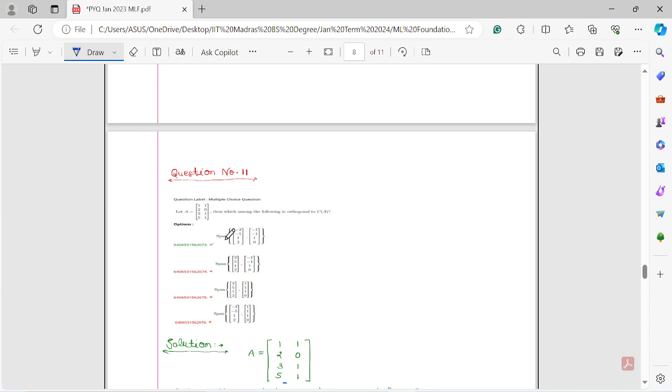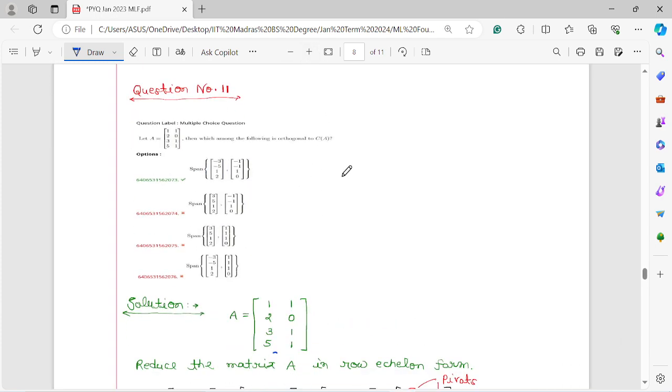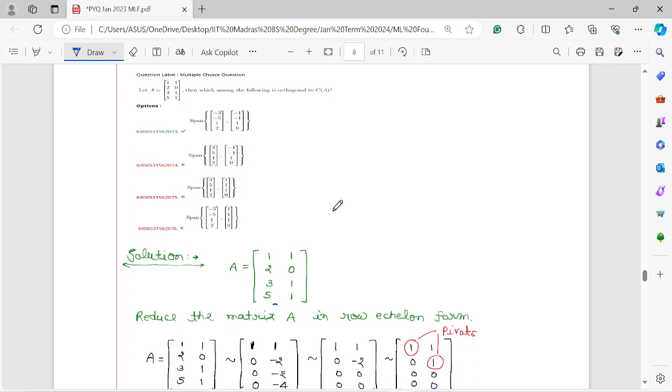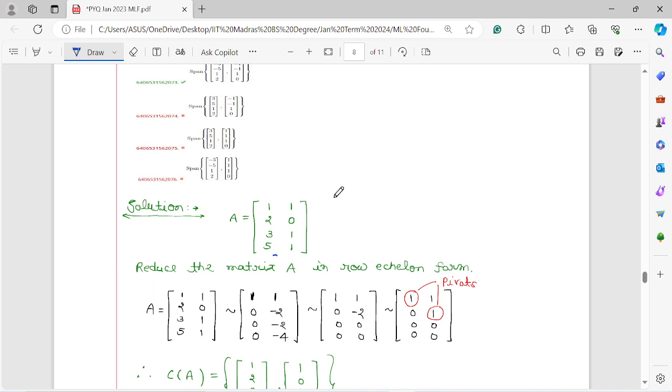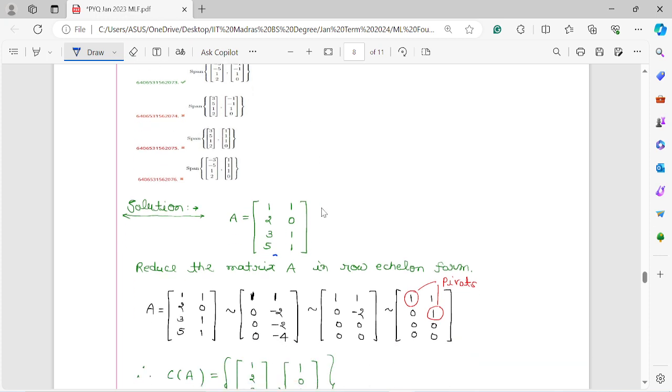Here a matrix A is given, and we are asked which among the following is orthogonal to the column space of A. So we have been given a matrix, and we have to first convert it into row echelon form. First we have to find the column space of A, then we will talk about orthogonality. The column space of A is the linear combination of column vectors.